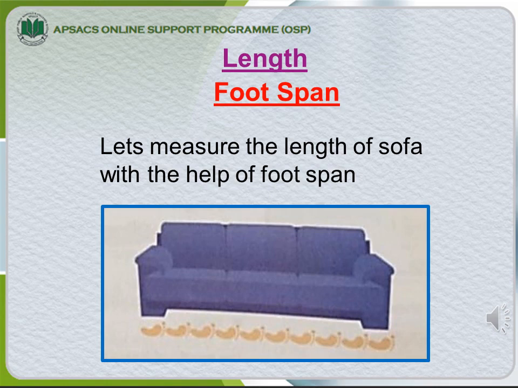There should be no gap between feet. Taking a foot as a single unit, now let's count how many feet there are in one sofa. 1, 2, 3, 4, 5, 6, 7, 8, 9, 10. There are 10 feet, or you can say it is 10 units of foot in one sofa.